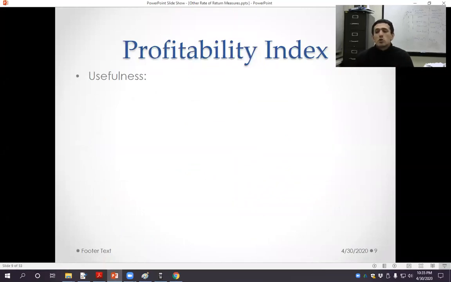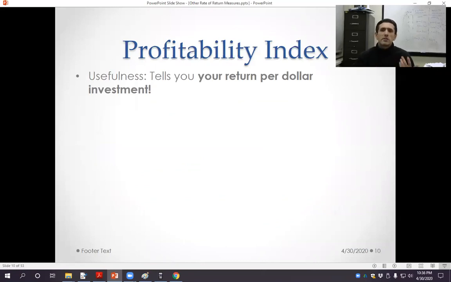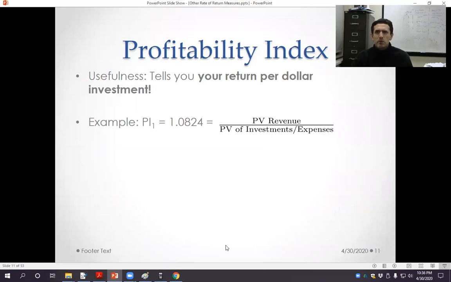Why is it useful? Well, it tells you by definition your return per dollar of investment. So for example, PI subscript 1 is the profitability index for project 1. That was 1.0824, and that's the present value of revenue over the present value of investments.